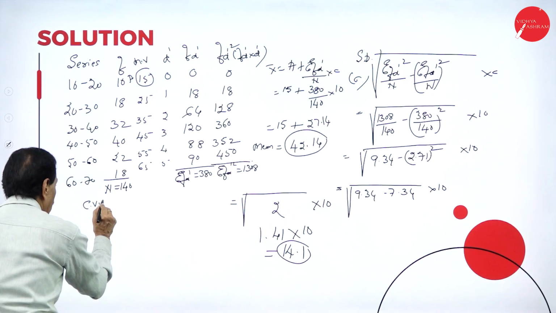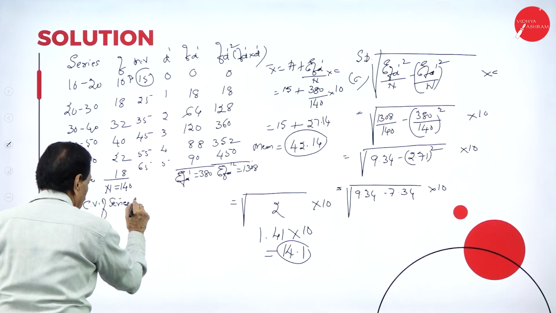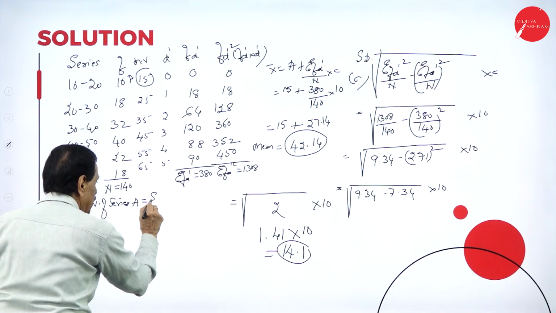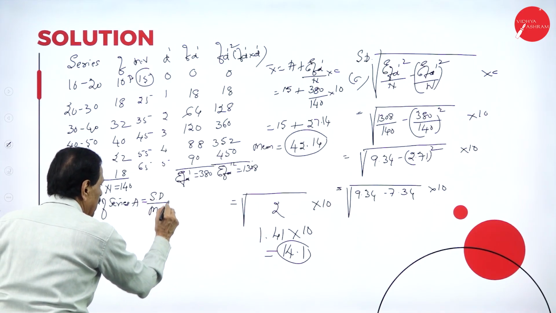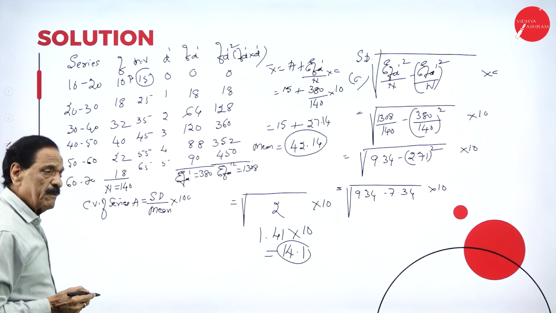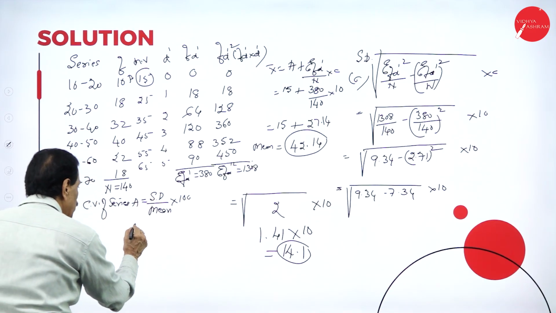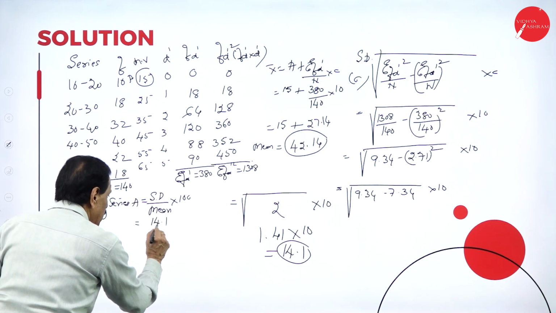CV of series A: standard deviation divided by mean into 100. What is your standard deviation? 14.1.